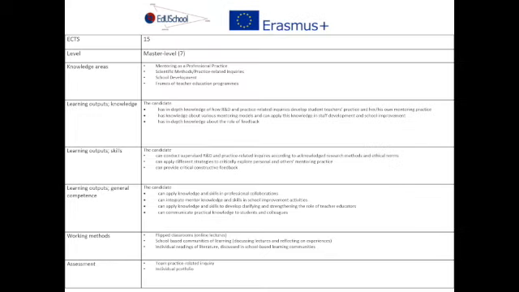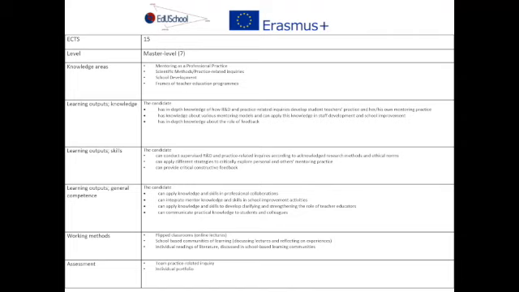This is the model that we propose. I'm sorry for the small script here, but this model follows the European model of what is needed: the knowledge areas, learning outcomes, and so on. We think the course should be at master level, and credited with 15 ECTS.